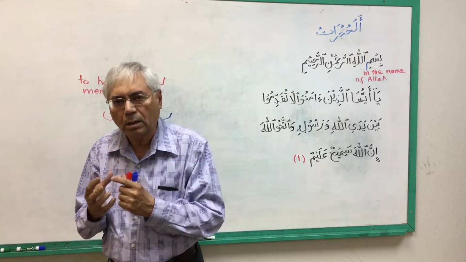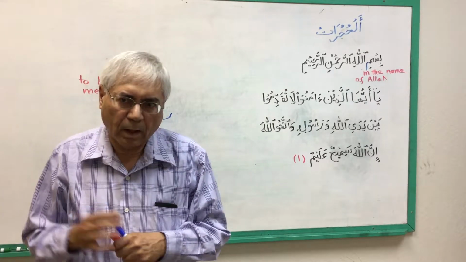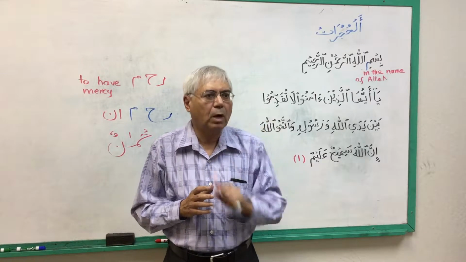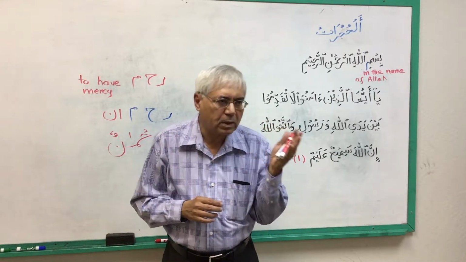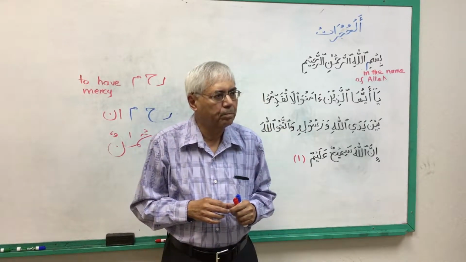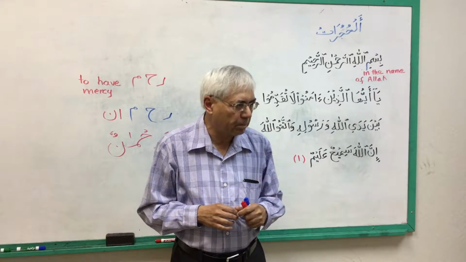So Rahman is the sifat of Allah subhanahu wa ta'ala, the mercy of Allah. When it comes down, it doesn't care if the person is obeying Him or disobeying Him. He feeds the person who disobeys Him.